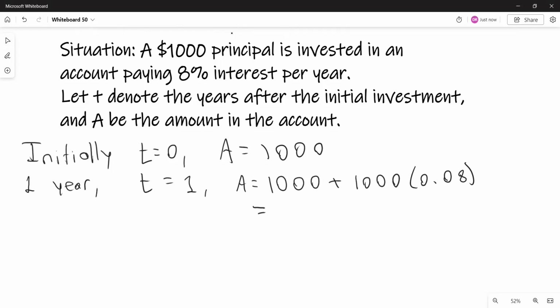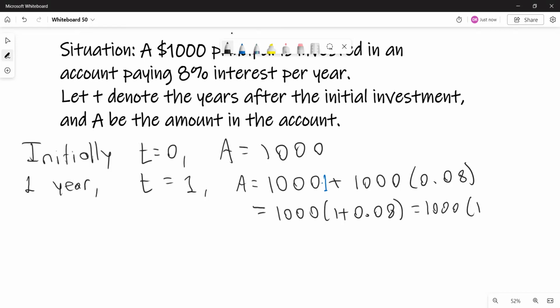Distributive property, we do this backwards. 1,000 is the same as 1,000 times 1. And this is 1,000 times 1 plus 0.08. But 1 plus 0.08 is 1.08. For this matter, that's going to be $1,080. But that's after 1 year.